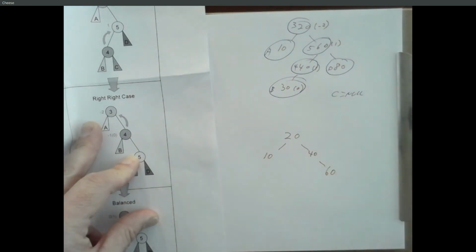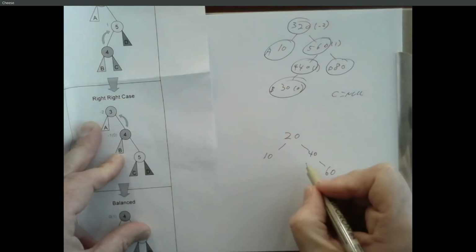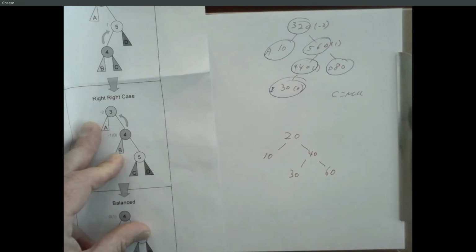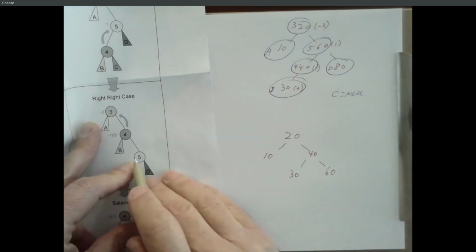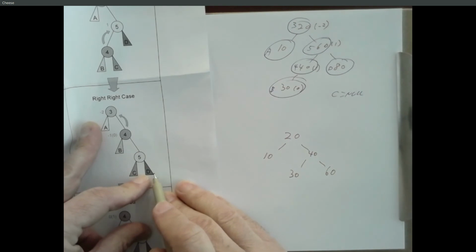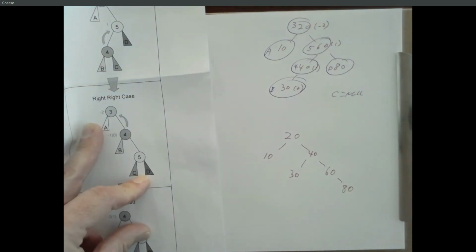That's our 60. Left child of 4 is still B. So that's still a 30. Left child of 5 is C. That's a null. And the right child of node 5 should be D, which is our 80. So that's the result after our first rotation.